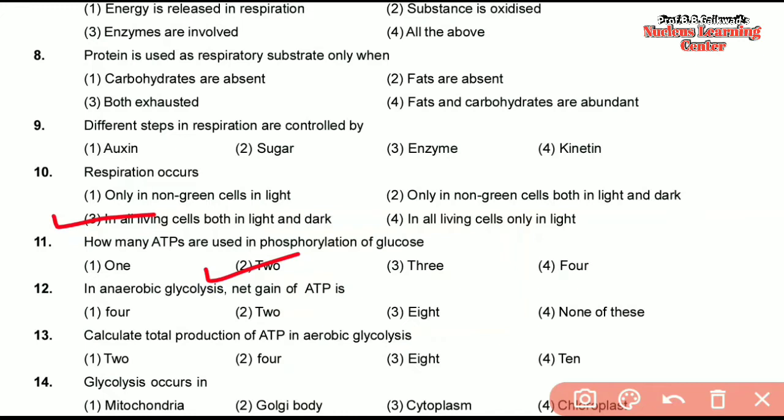Next question is: in anaerobic glycolysis, net gain of ATP is.